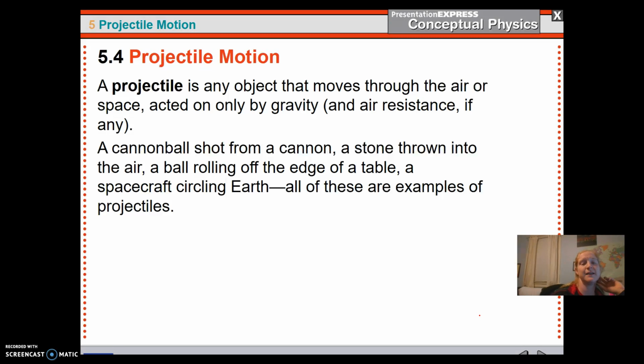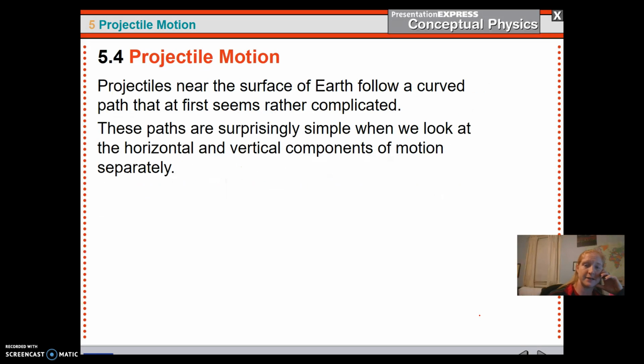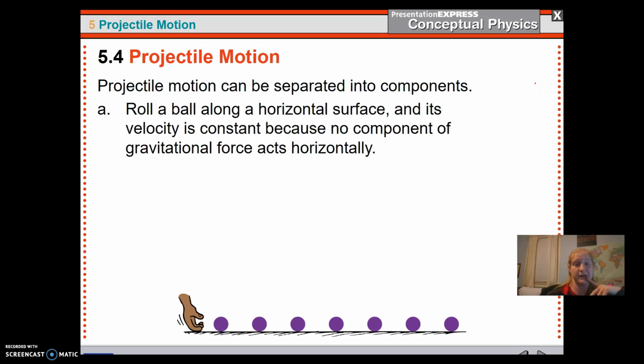So a projectile is anything that's moving through the air that's only acted on by gravity and sometimes air resistance. Okay. So projectiles near the surface of the earth, these follow a curved path and these are called satellites. Wow, I spelled that wrong. Okay. They're called satellites, and I'm not going to spell it because I'm having a brain fart right now.